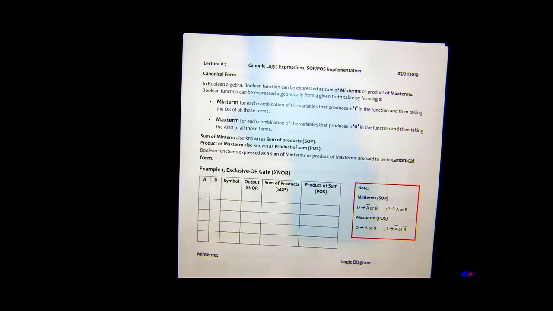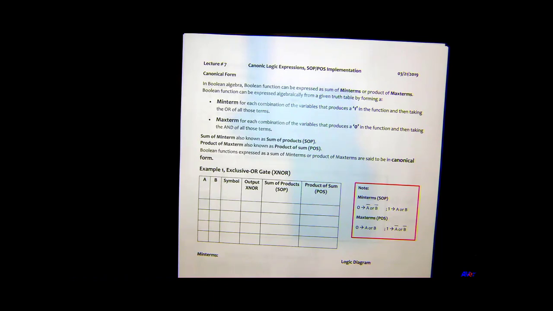Whereas the maxterms are the zeros in your truth table, and then we take the AND of all those terms. Sum of minterms, also known as sum of products, and product of maxterms, also known as product of sums. A Boolean function expressed as a sum of minterms or a product of maxterms is said to be in canonical form.